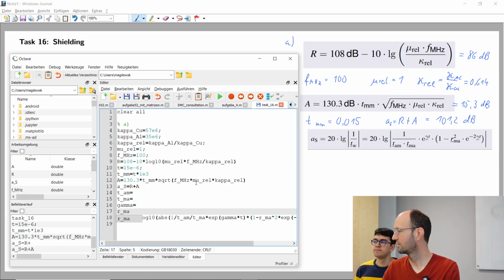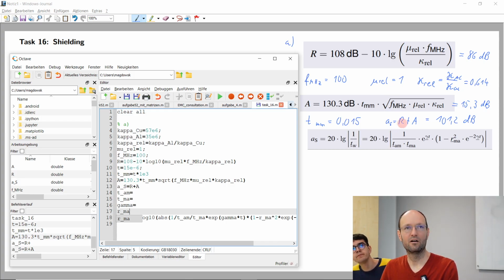And there's a question. A is the 130 dB, right? 130.3 dB is the constant. The capital A is the 15.3 dB absorption loss. Ah, okay. Yes, and so this and this together gives this value. This is the total shielding efficiency, or total shielding attenuation.